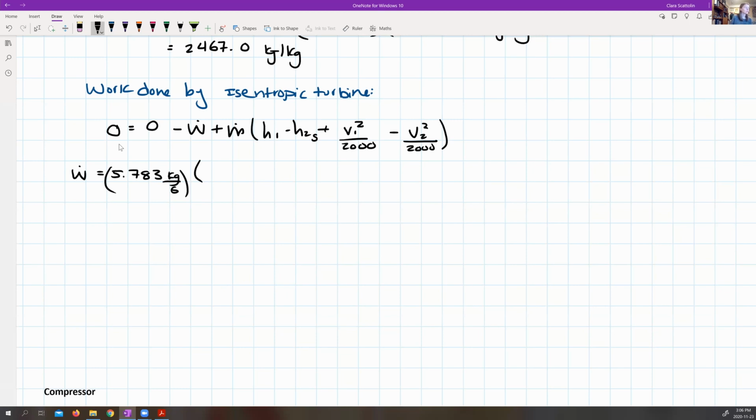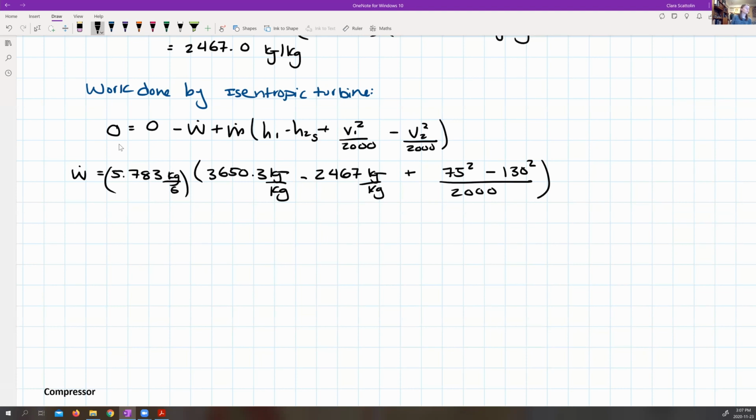Now I'm going to look at how much work it would make. 3,650.3 kilojoules per kilogram minus 2,467 kilojoules per kilogram plus my velocity at the beginning, 75 meters per second, minus my velocity after, 130 meters per second.